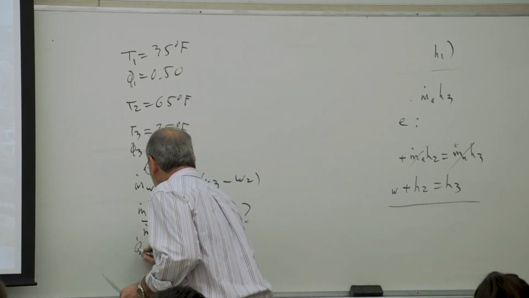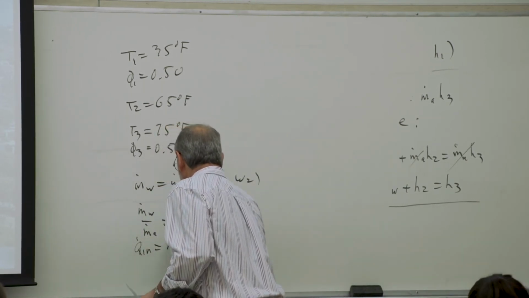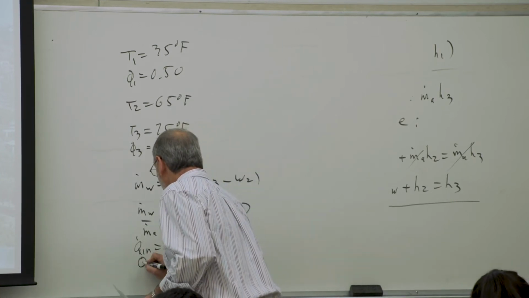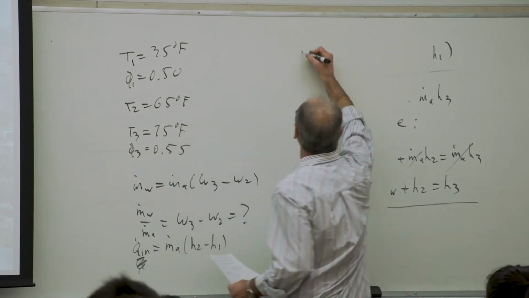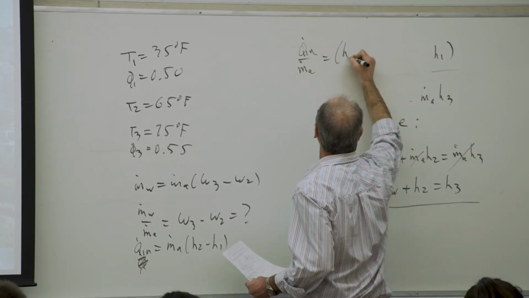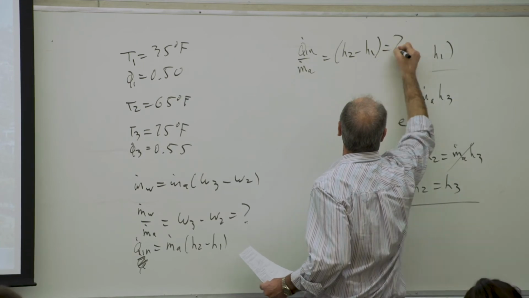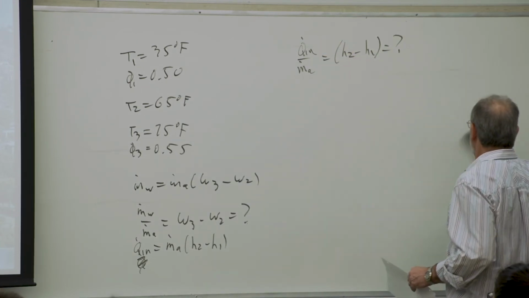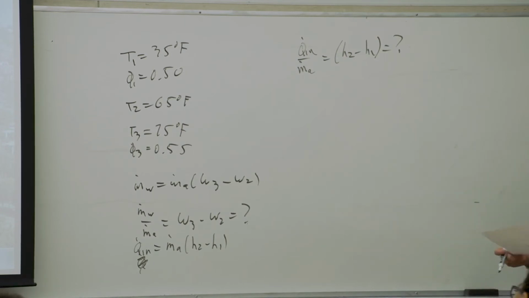And then also Q dot in is m dot dry air times H2 minus H1, or Q dot in over m dot dry air is H2 minus H1. Again, this is the heat per unit mass of the dry air, which is the other unknown here.